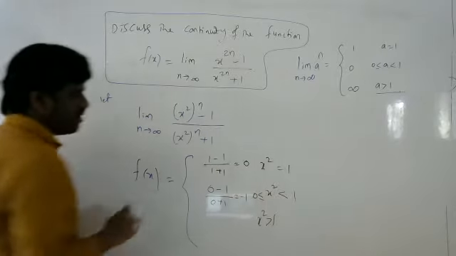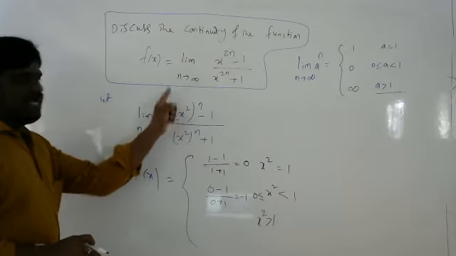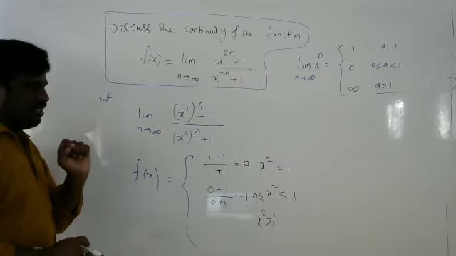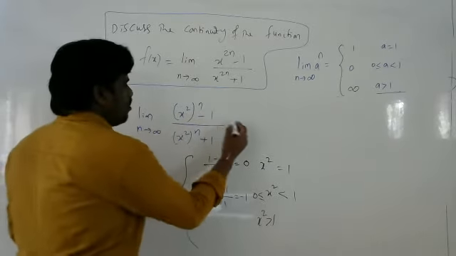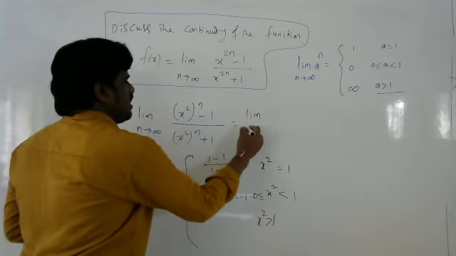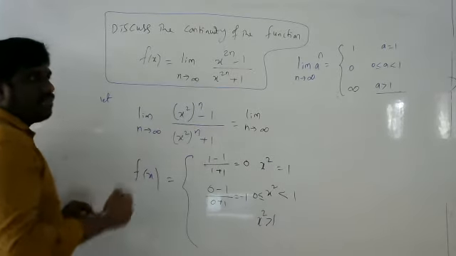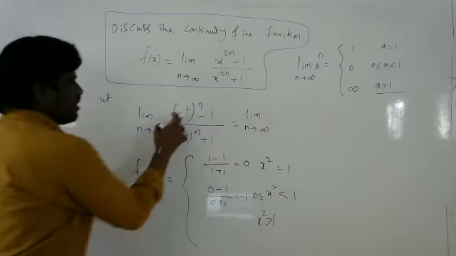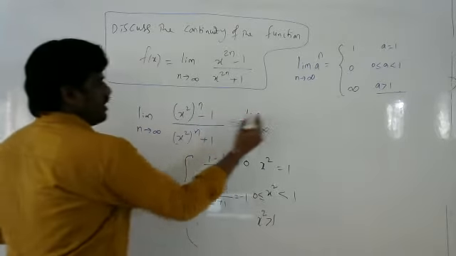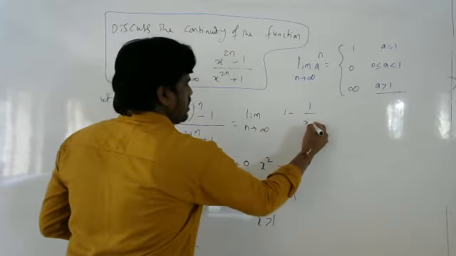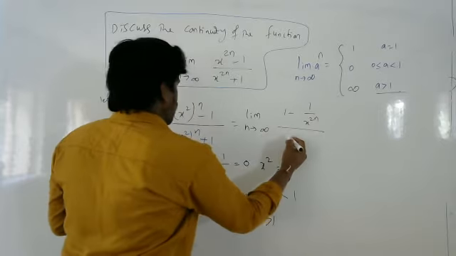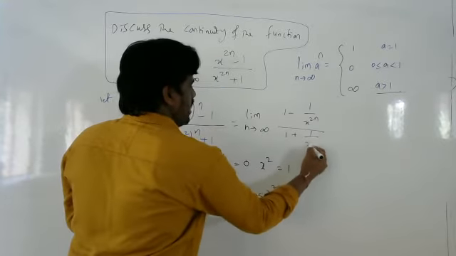So to solve this one, what will we do here? Divide by x power 2n. Limit n tending to infinity. Since we are getting infinity by infinity form, you have to divide by x power 2n. So we get 1 minus 1 by x power 2n, divided by 1 plus 1 upon x power 2n.